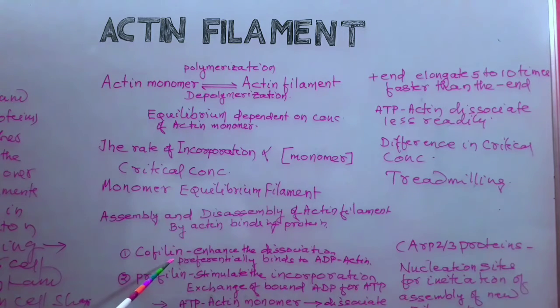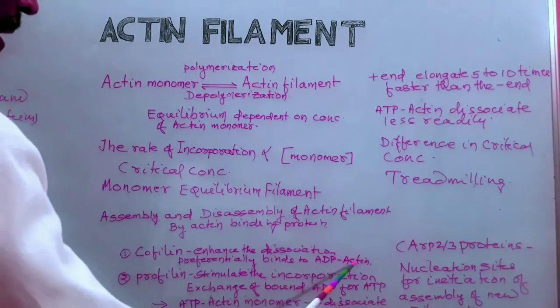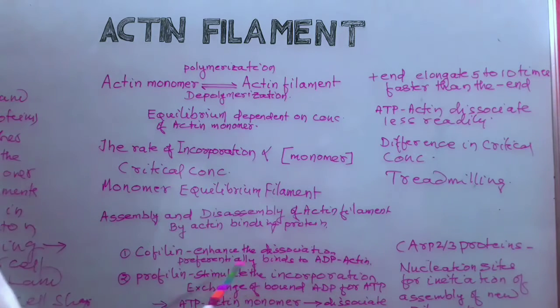First is cofilin. Cofilin is an actin binding protein that enhances the dissociation of actin monomer from the actin filament. This cofilin preferentially binds to ADP actin, so it sequesters actin in the form of ADP actin.